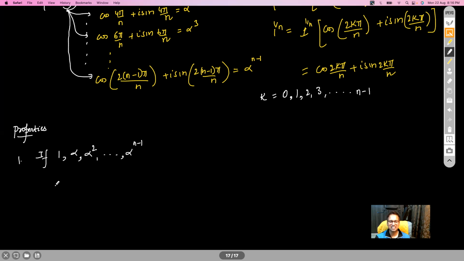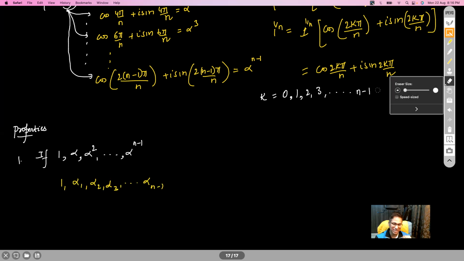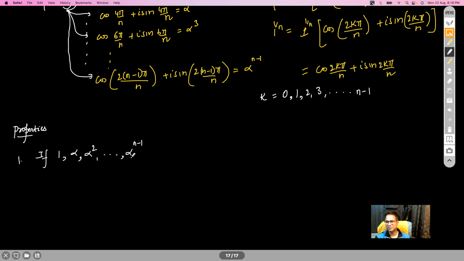Sometimes they will say, if 1, alpha 1, alpha 2, alpha 3, they will just put the names alpha 1, alpha 2, alpha 3 like this to the nth roots. Okay. So that time you have to understand that they are not only the roots, but they are also these powers of each other. In fact, you can say that they are in a geometric progression. How many of you have heard of geometric progression?